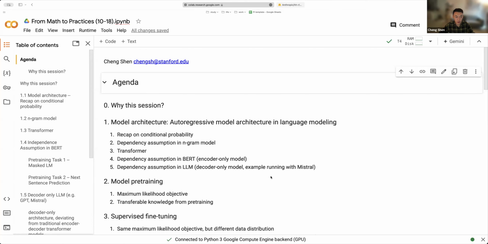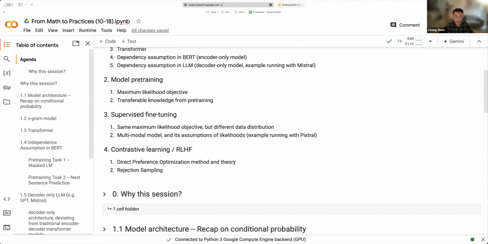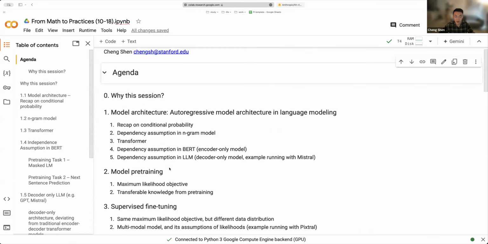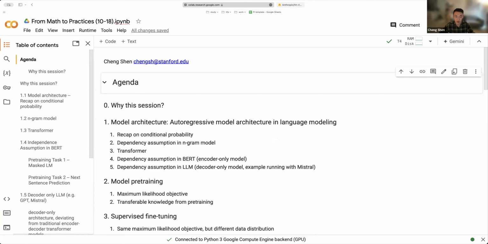I'll be sharing this notebook with you all after this session. It contains all the content and also some demo code about the algorithms and the models I use to demo these concepts.